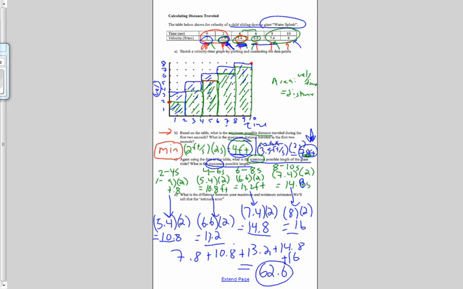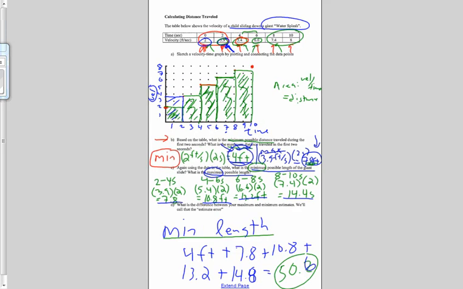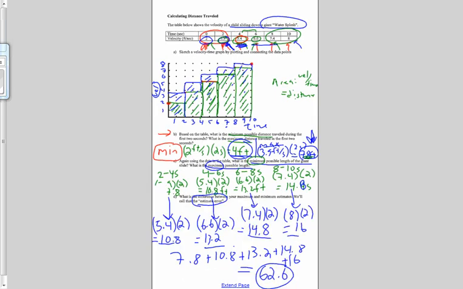And then the last thing that we're talking about is, what is our estimation error? Well, going back, we said that the minimum distance was 50.6 and the maximum distance was 62.6.